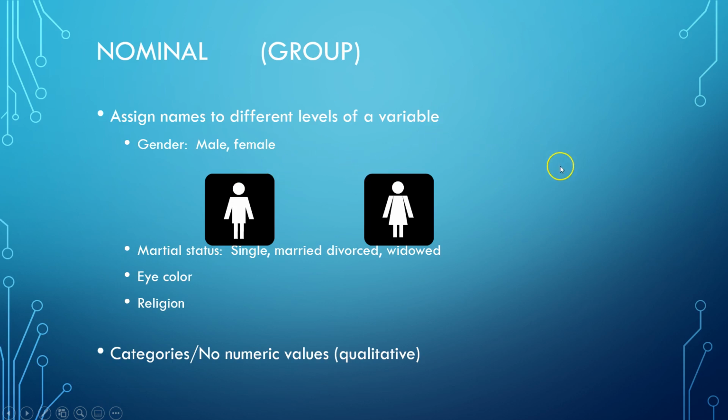There's probably a number of different categories we could decide to use on our, let's say, questionnaire or survey. But if you're asking people to place themselves into a single group, that is a nominal or group variable.